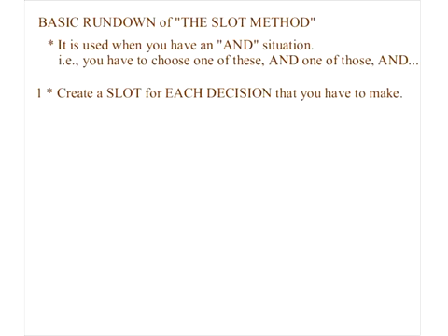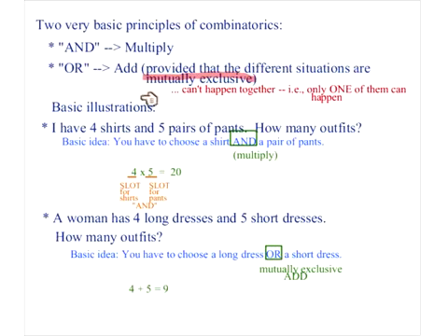In this problem, which was again extremely basic, we have 2 decisions to make. We have to pick a shirt out of those 4, then we have to pick a pair of pants out of those 5. And then of those, there are 4 and 5. We fill in the slots.